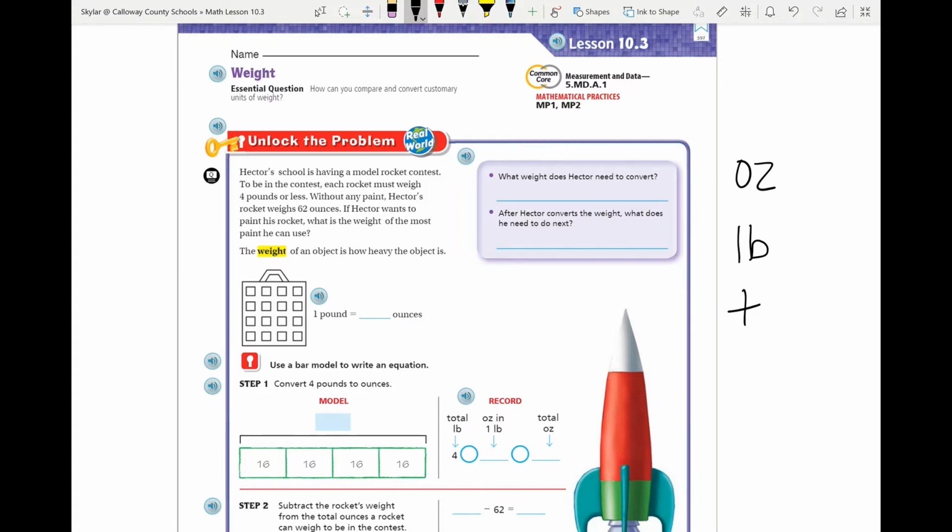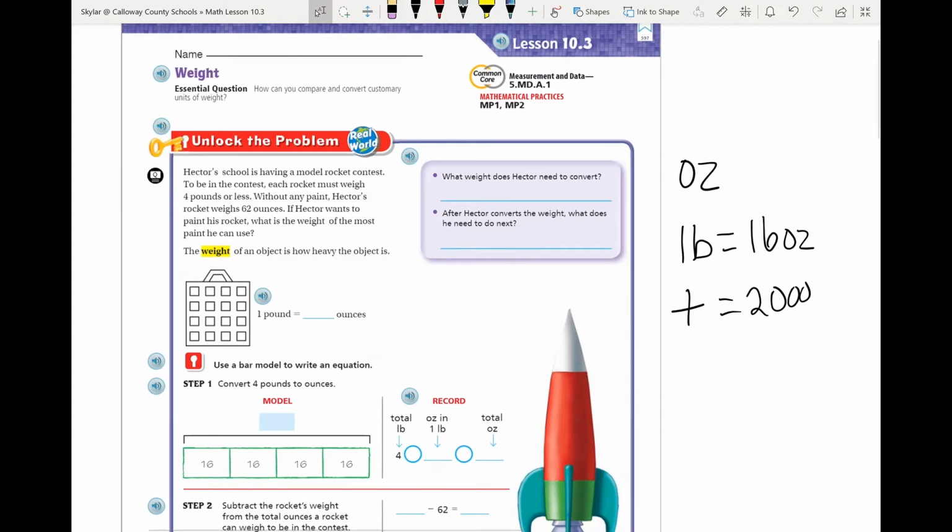A pound equals 16 ounces, and a ton equals 2,000 pounds. Let me slide that over there. So you just need to know those measurements. There's 16 ounces in a pound and 2,000 pounds in a ton. And by golly, that is all you need to know for this one.